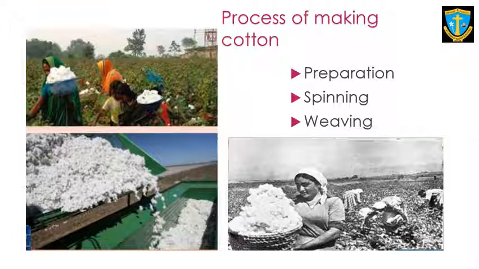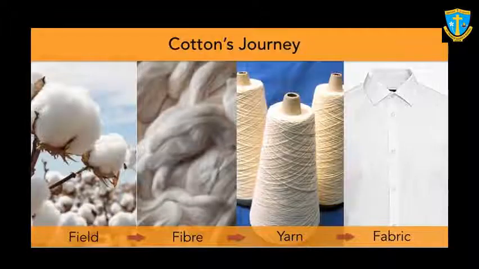The first thing is to prepare it, spinning and weaving. From the field, the cotton is plucked off from the balls and the fiber is made. And from the fiber, yarns are spun, and from the yarn, fabric is woven.